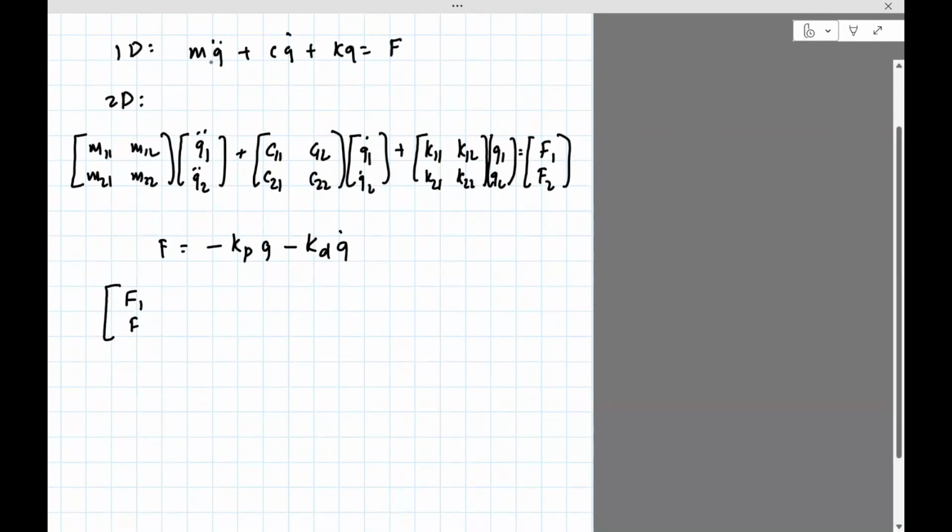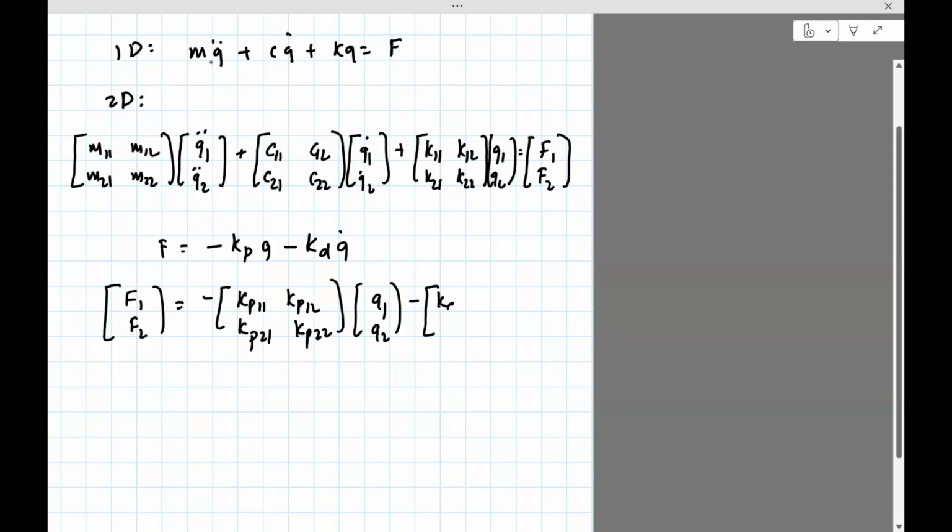Well, it will be F1, F2 equals minus KP11, KP12, KP21, KP22, Q1, Q2 minus KD11, KD21, KD12, KD22, Q1 dot, Q2 dot.